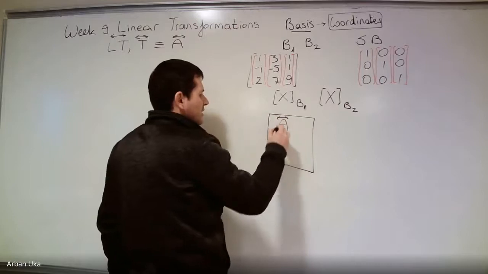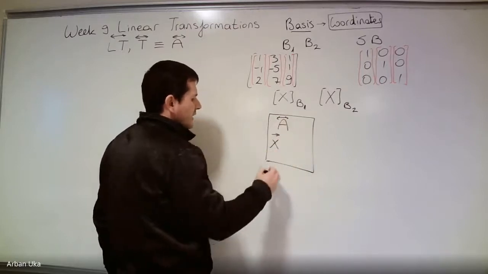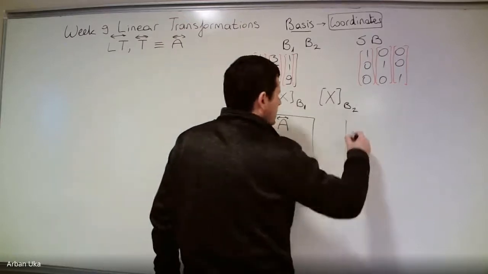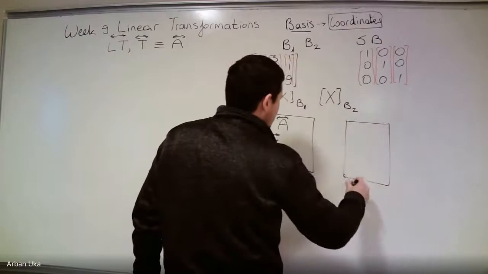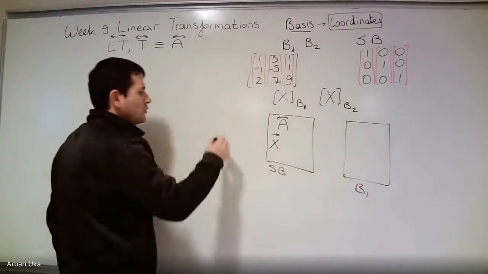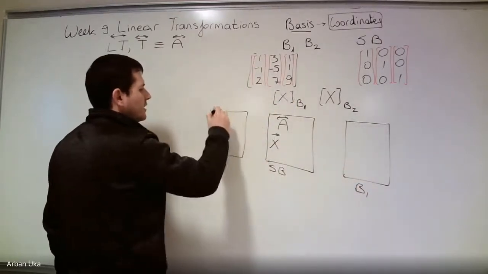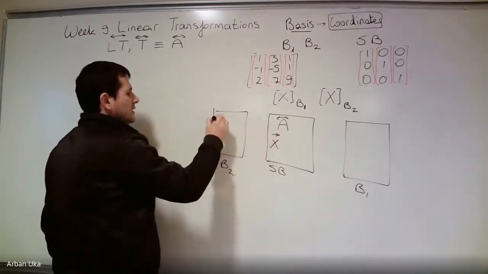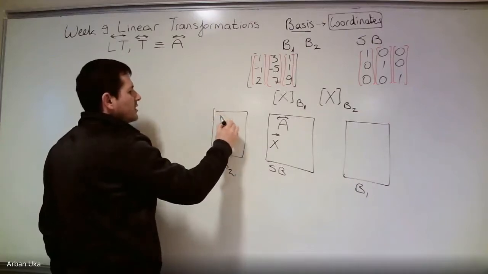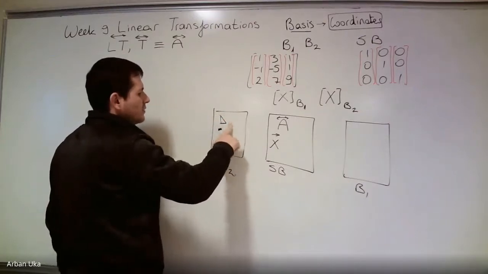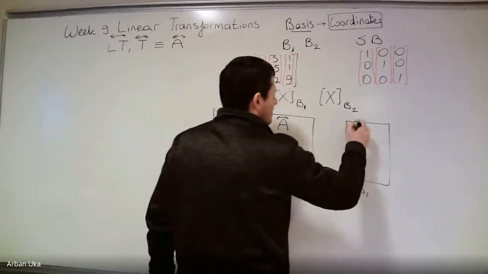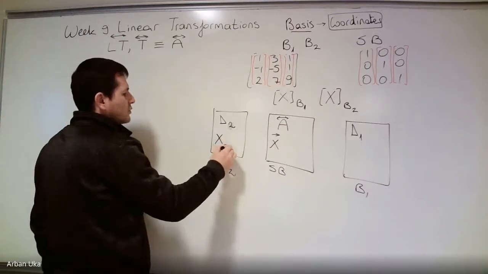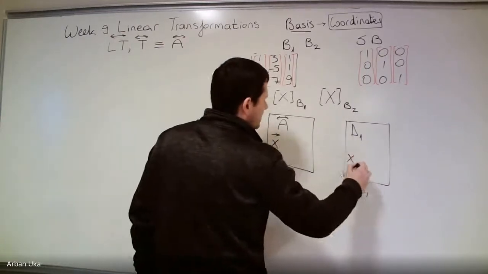Having a matrix A and any vector x in the standard basis, which we can denote as SB, we may want to transfer to another basis, which we can consider as B1, and here we can have also another basis B2. This matrix A can be represented as D2 here, which is any other matrix D, and here a matrix D1. And this vector can be considered as vector x2, and here vector x1.